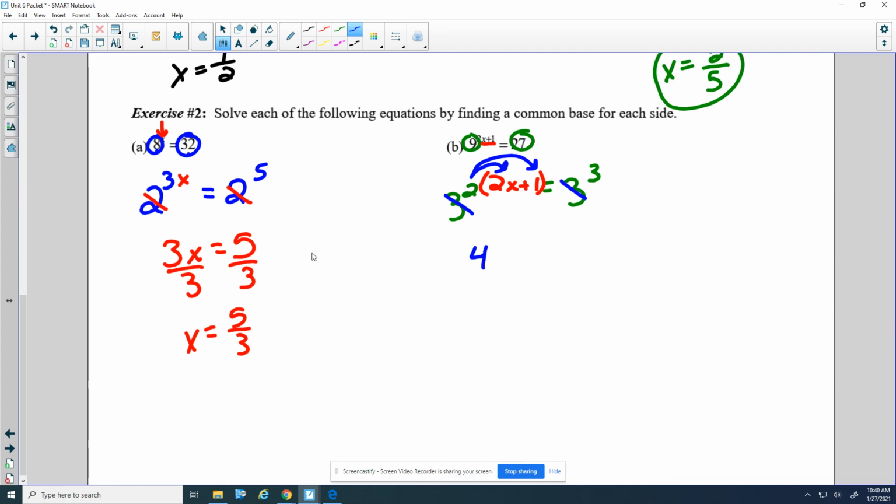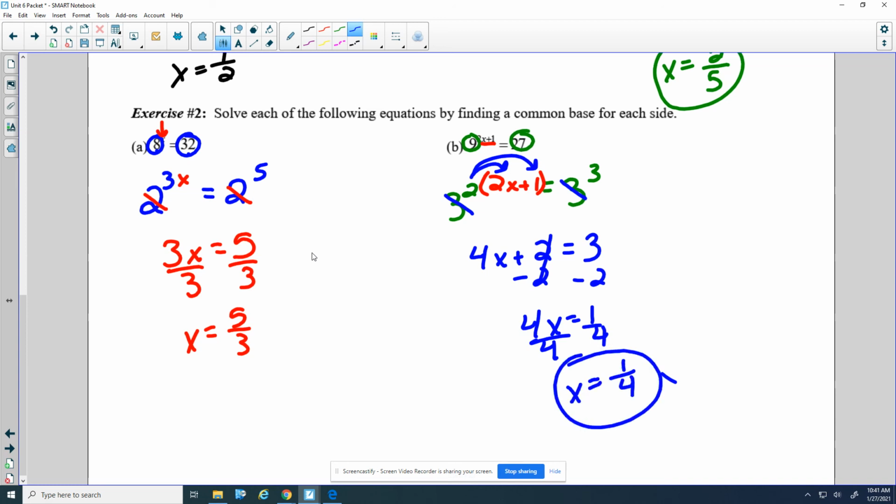So this ends up as 4x plus 2 equals 3. And then we are going to subtract 2. 4x equals 1. So x equals 1/4.